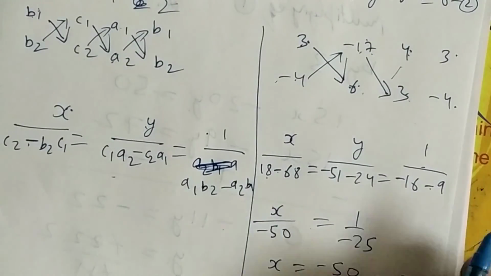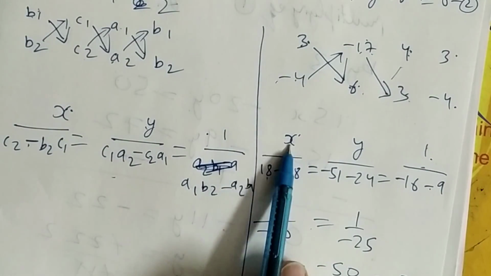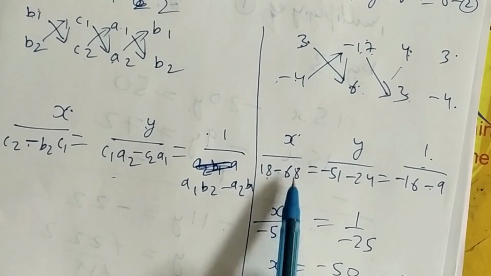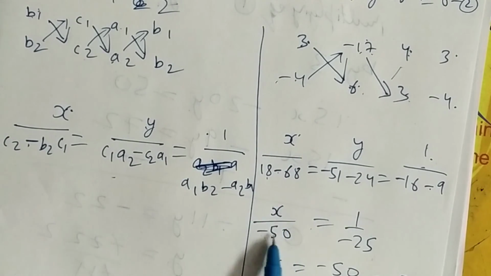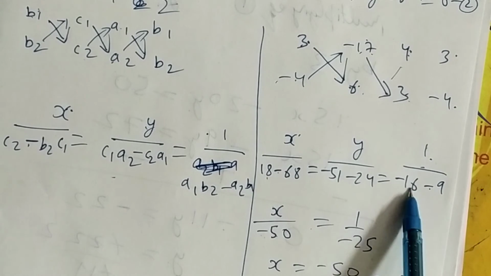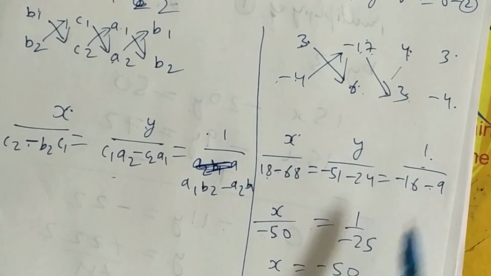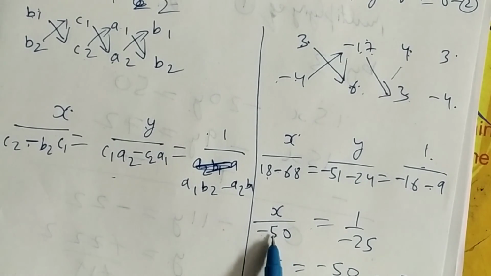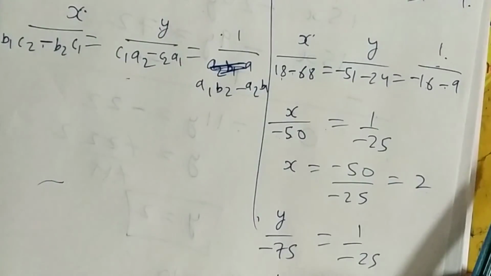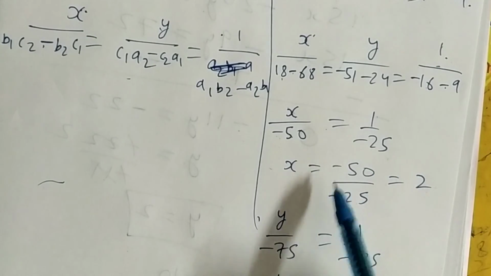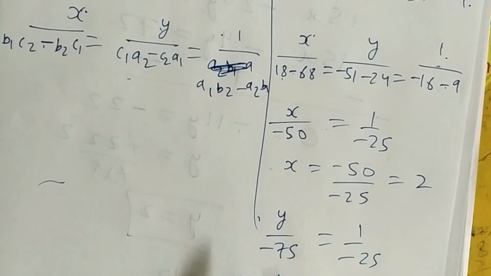Now equate the first and third term. So x upon 18 minus 68, that is x upon minus 50, and this is 1 upon minus 16 minus 9, that is minus 25. So x upon minus 50 is equal to 1 upon minus 25. So x is equal to, on cross multiply, minus 50 upon minus 25, that is 2.